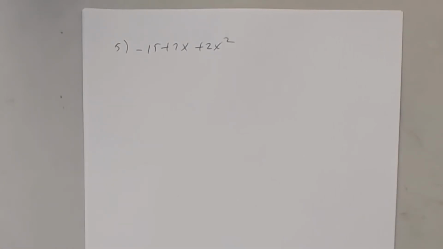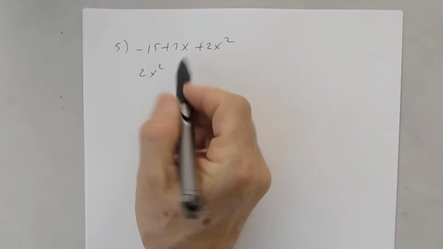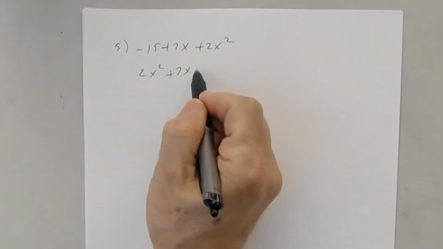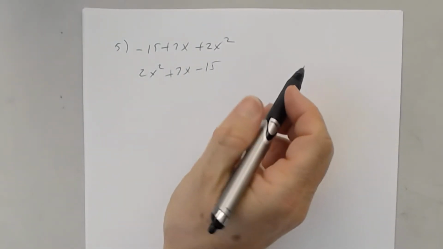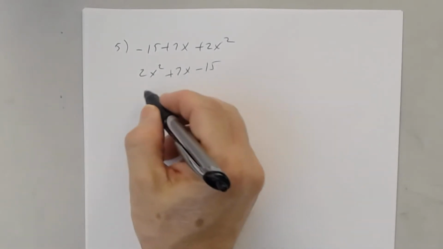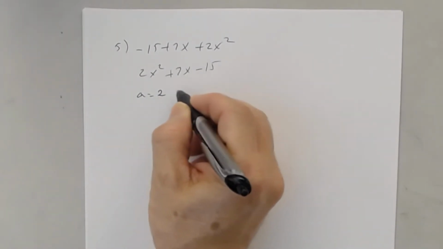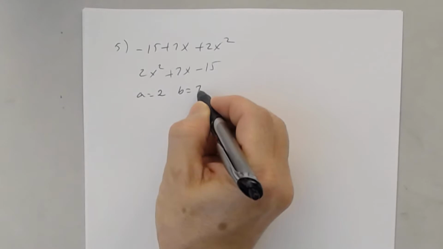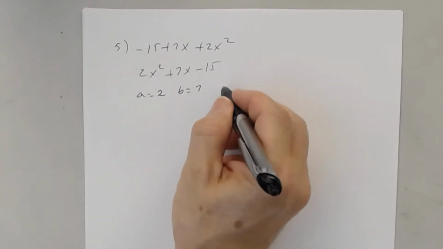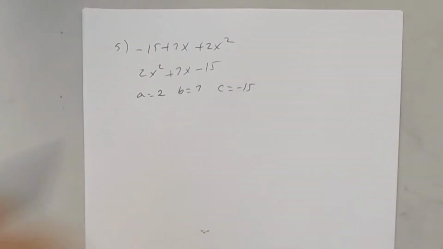What do you want to do first? Rewrite in descending order. So that's going to become 2x squared plus 7x minus 15. All right, so let's determine what A, B, and C are. What's A? What's B? B, 7, and C, negative 15.